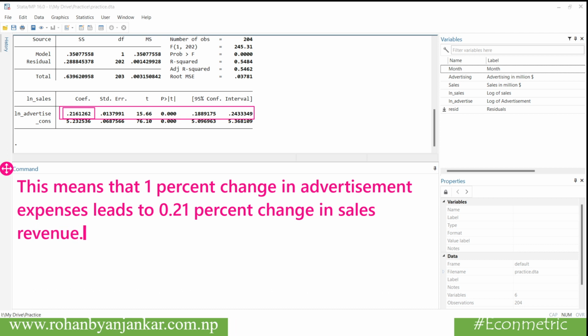And this is the simple interpretation of the LogLog regression model.